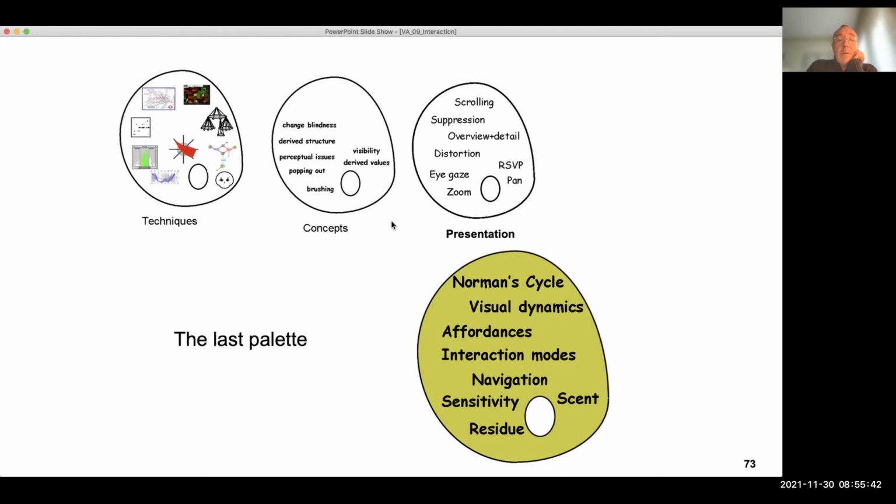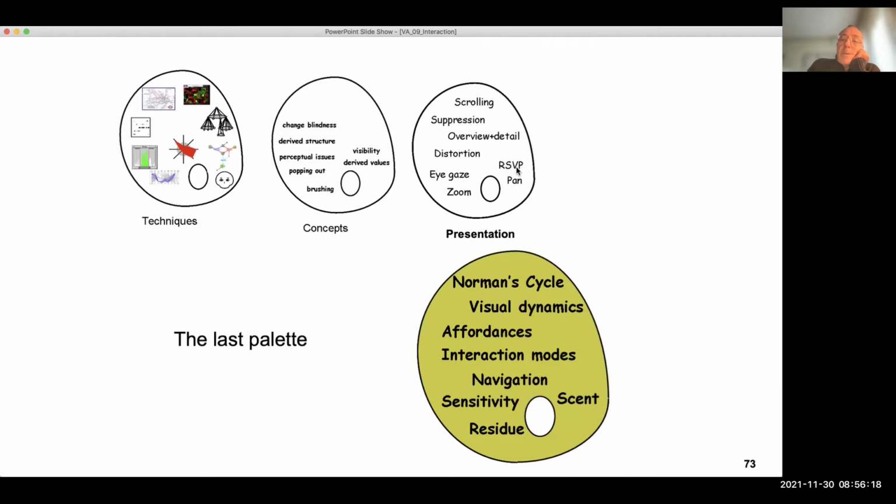You have some concepts about change blindness, using the right values, perceptual issues. I discussed a lot of that, brushing, interacting, and so on. And we have something about the presentation, how to adapt what we did in representing on the screen: scrolling, zooming, but also distortion. Zooming and panning are the basic story, but you can do something more.